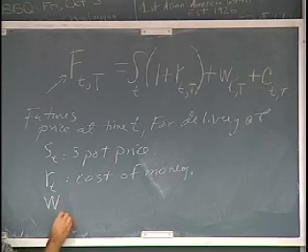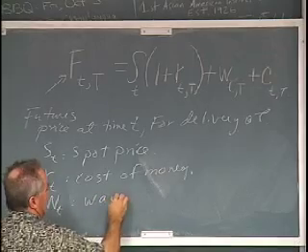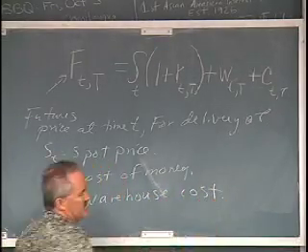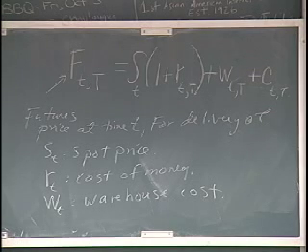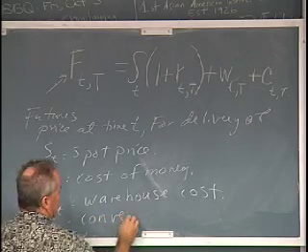W of t is the warehouse cost. So this is like the physical inventory cost, such as insurance and all the other costs that go along with physically holding the commodity. And C of t is something called the convenience yield.